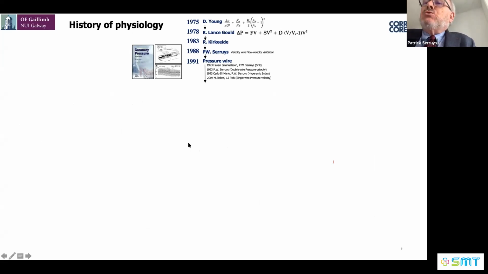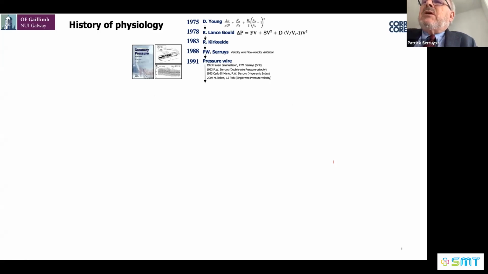Fortunately, Lance Gould in 1978 became much more pragmatic, and he said the gradient delta P is a function of friction and separation of the laminar flow, and friction is a function of velocity. Separation is modified also by the velocity and the length of the lesion. And then another cardiologist, Kirkeeide, popularized that concept.